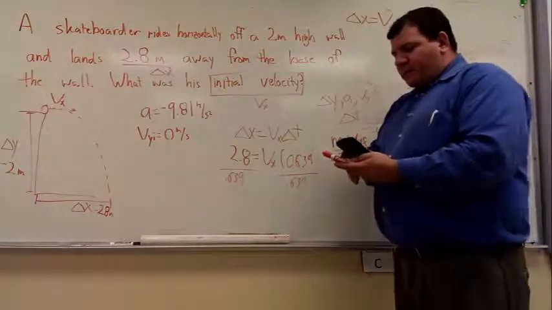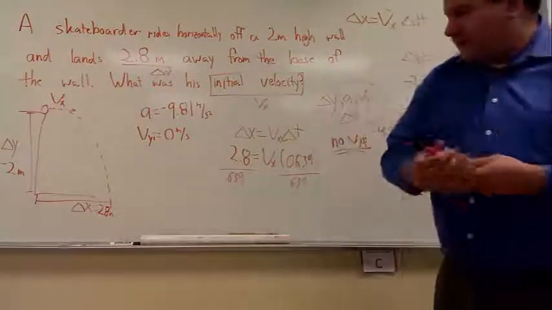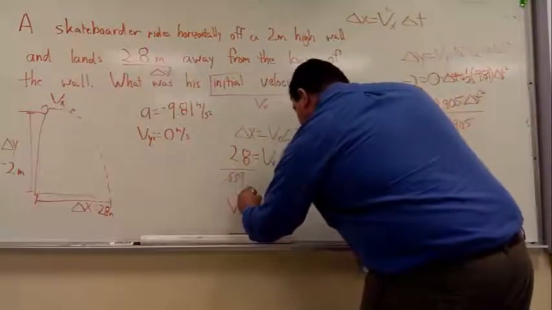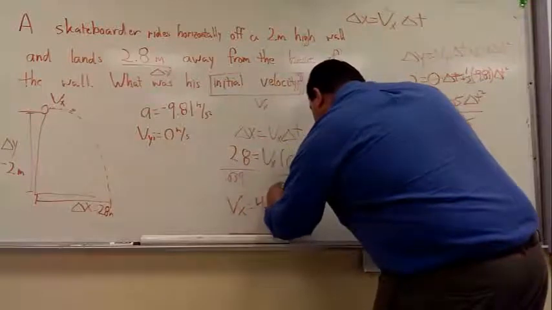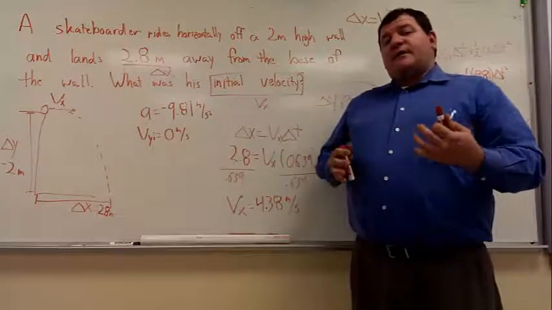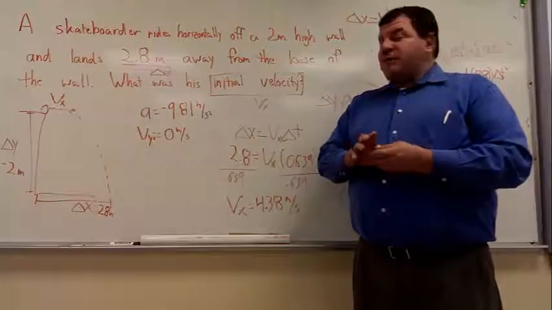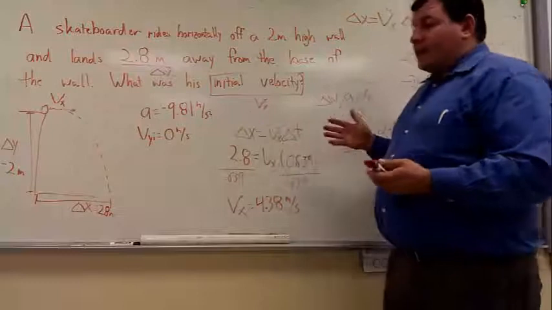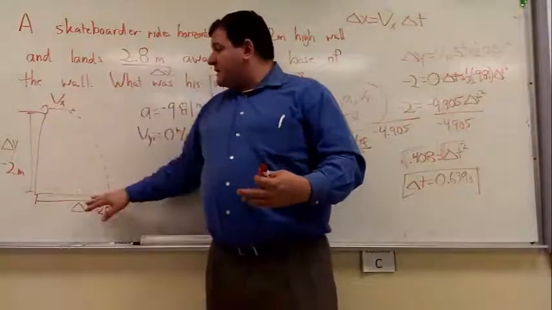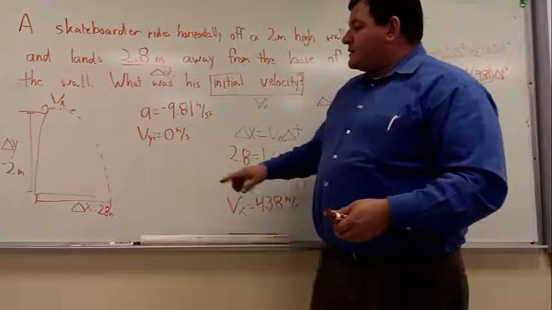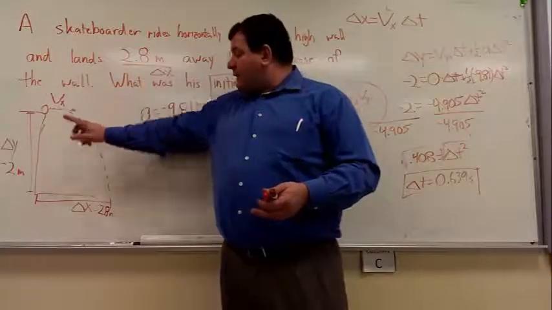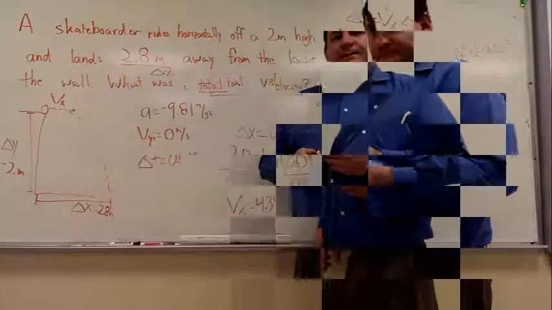I get 4.38 meters per second for Vx. That's pretty much it. Just about every horizontal projectile problem you see will follow this same pattern. You use your height to find the time that it takes to fall that distance, and then you use either delta x to find Vx, or if they give you Vx, you'll use that to find delta x.